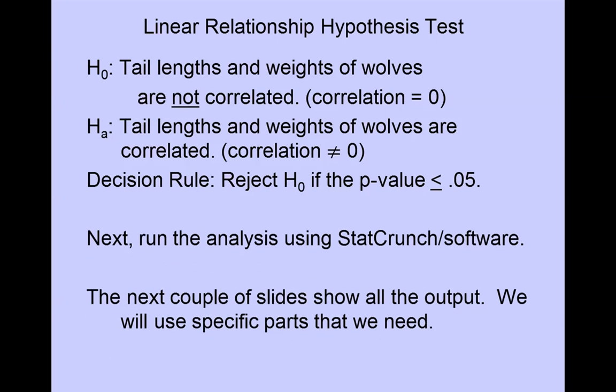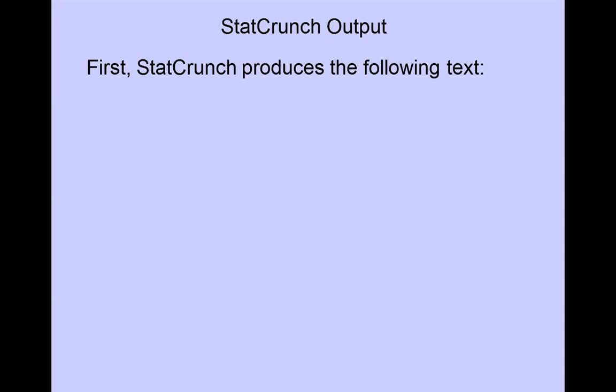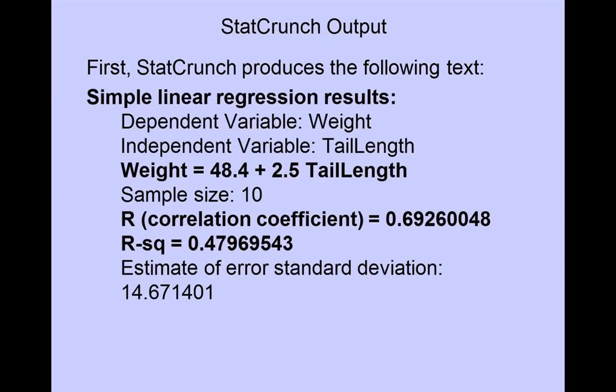Next, we run the analysis using the StatCrunch software, and the next few slides will show output, and then we'll talk about the parts we actually need. First, StatCrunch will produce the following text. It will tell you a simple linear regression was run where the dependent variable, or the y variable, the response, was weight, and the independent variable, or the predictor variable, was tail length.